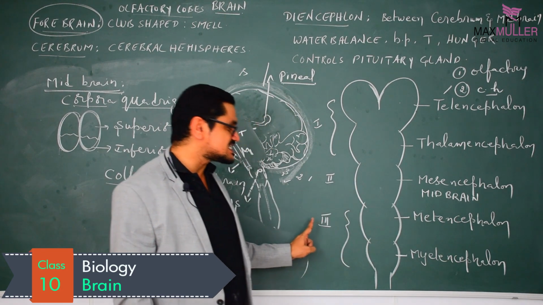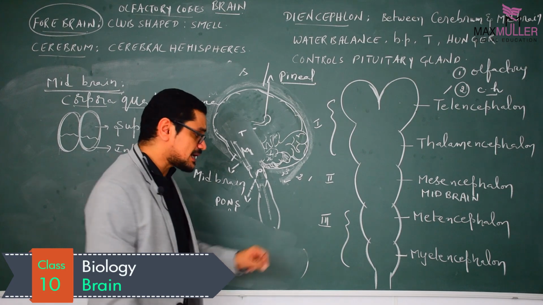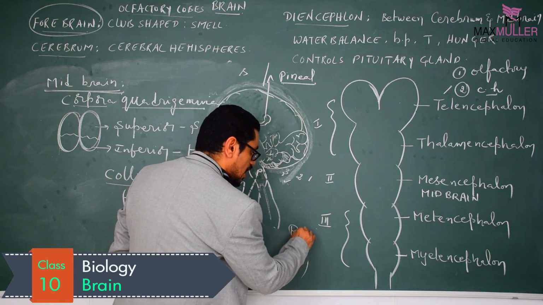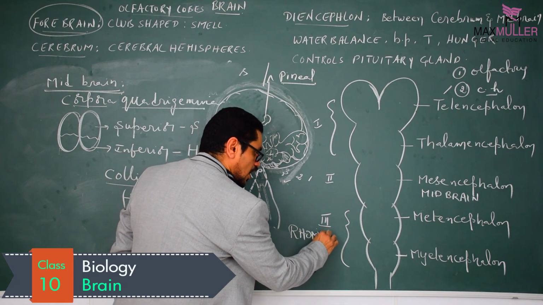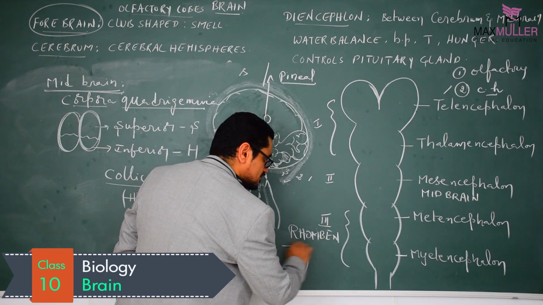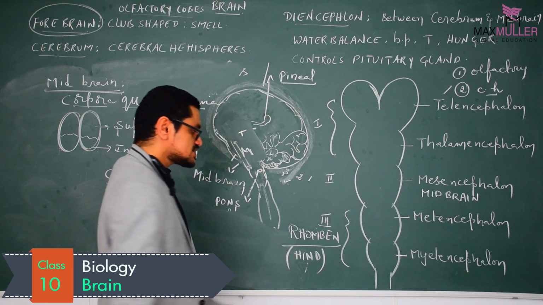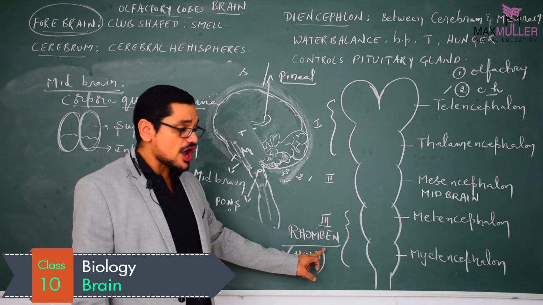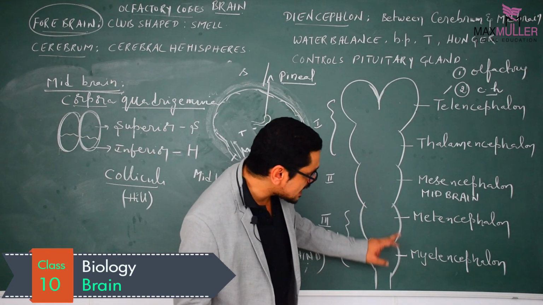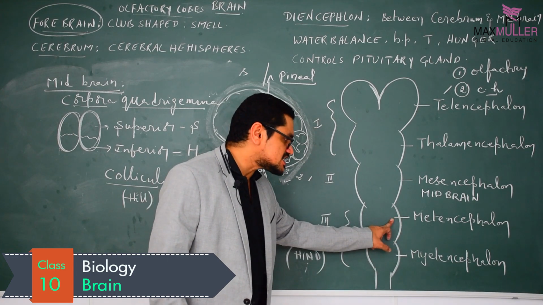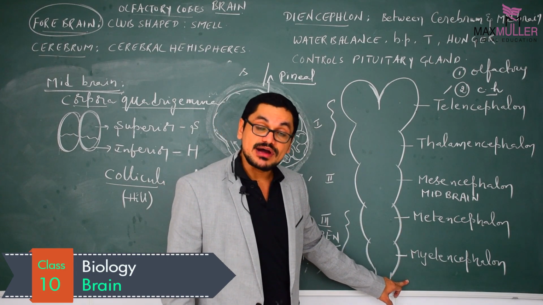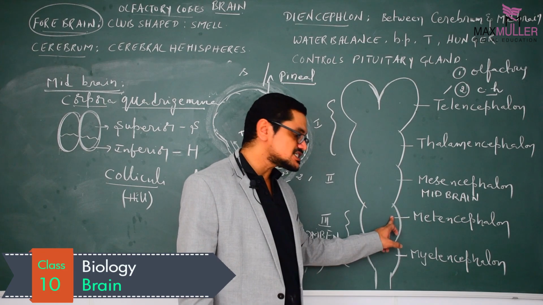And now let us see the last part of the brain, which is called rhombencephalon. This is rhombencephalon, the last part of the brain, which is also called the hind brain. The rhombencephalon is divided into two parts: metencephalon and myelencephalon.